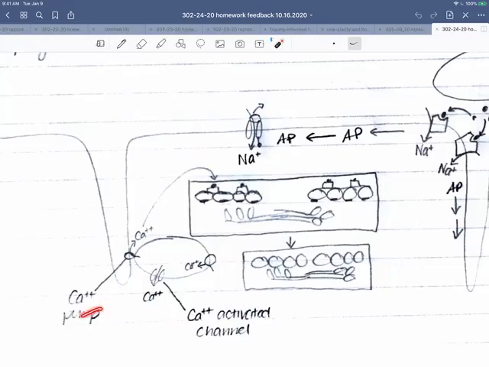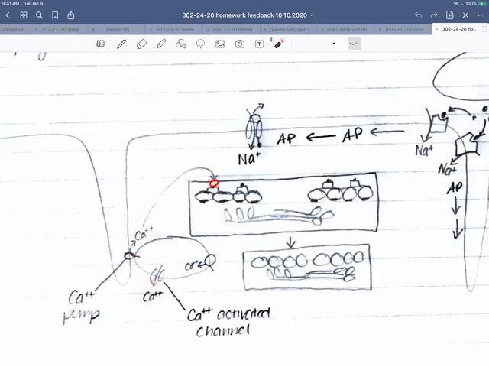This is a voltage-gated calcium channel here. It responds to that voltage and allows calcium out. There are calcium activated channels in some as well, and so you get a wave of calcium escaping.